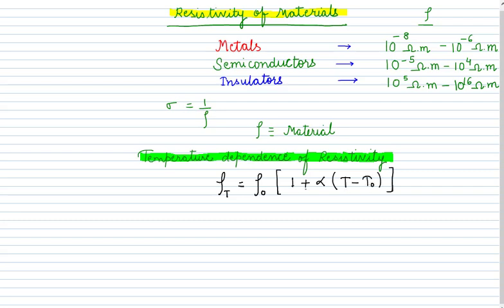T is the temperature we are considering, and T naught is the reference temperature, and alpha is the temperature coefficient of resistivity. So rho T is the resistivity at any temperature T, rho naught is the resistivity at the reference temperature, and alpha is the temperature coefficient of resistivity.